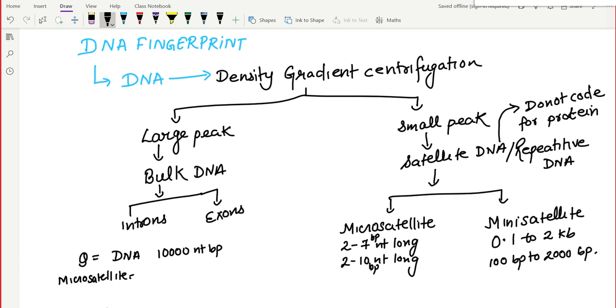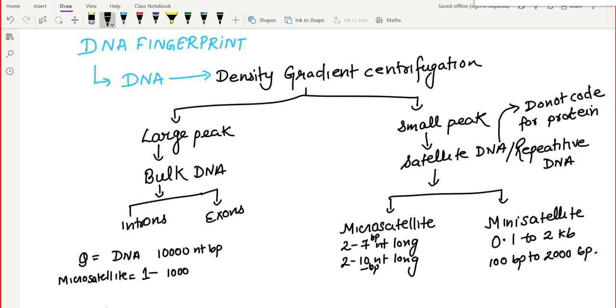It can be present at least one time, or if I take the basic size as 10, it can be present 1000 times. So the minimum is 1 and the maximum is 1000 times.